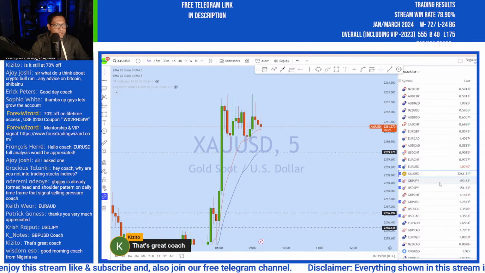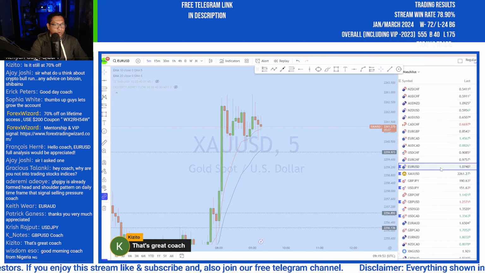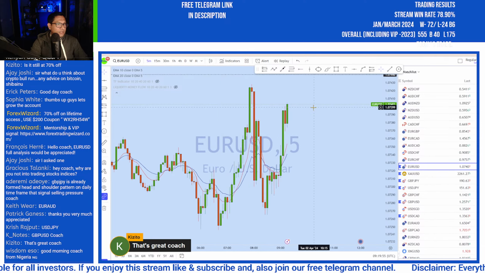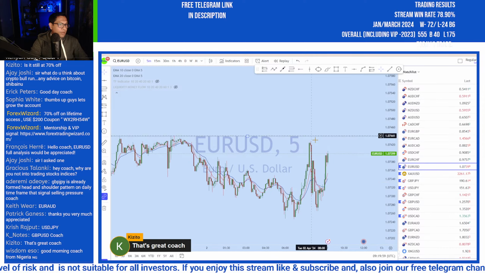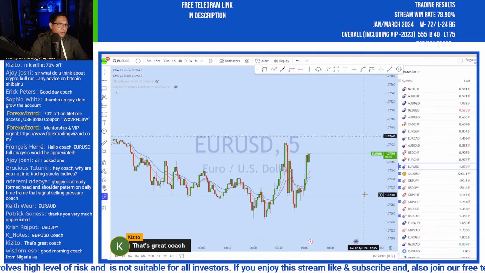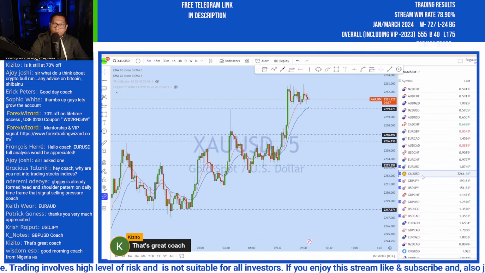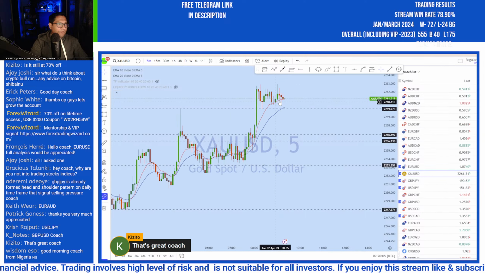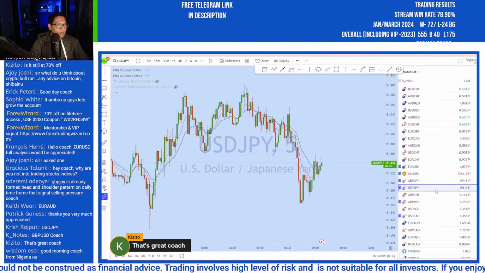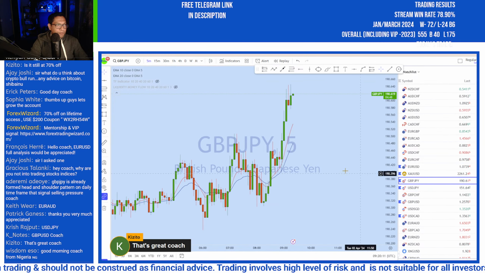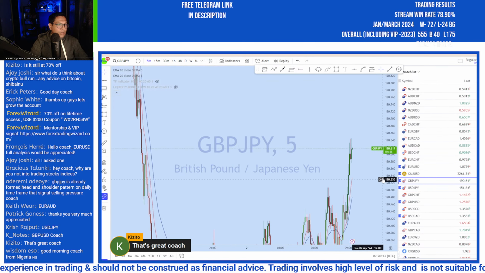Okay, so here is what we can see on euro dollar. We can see there is a bullish structure locally. We might see a bit more upside here. On gold also there is a consolidation pattern. GBPUSD has got a bounce in that area.